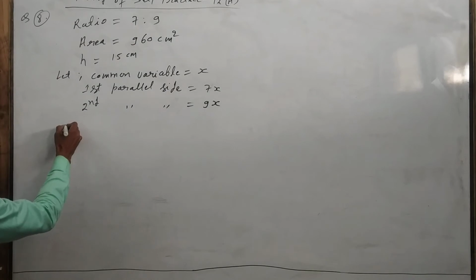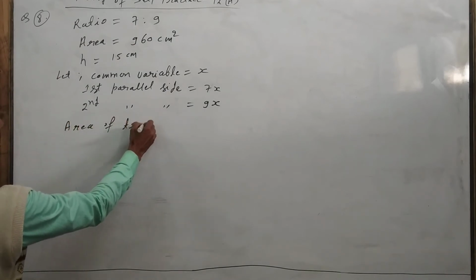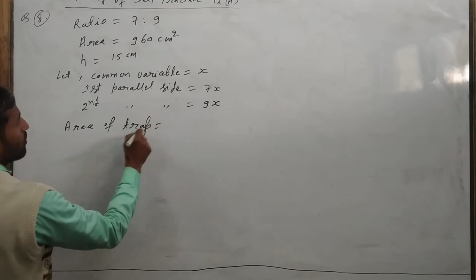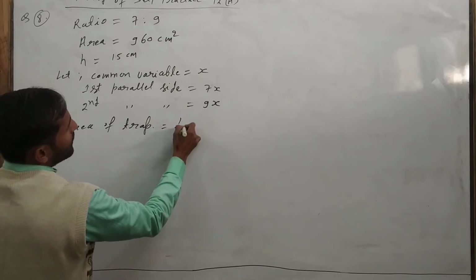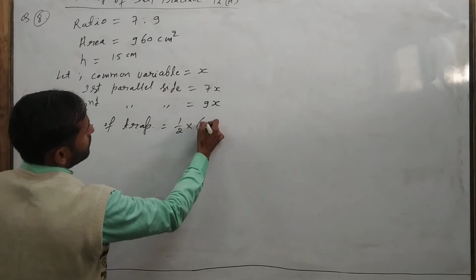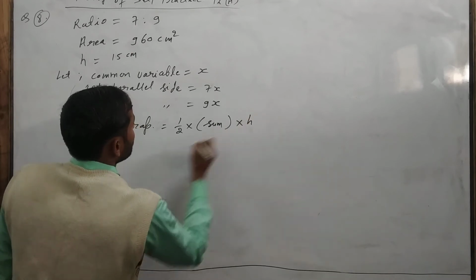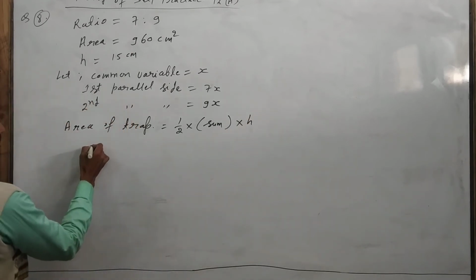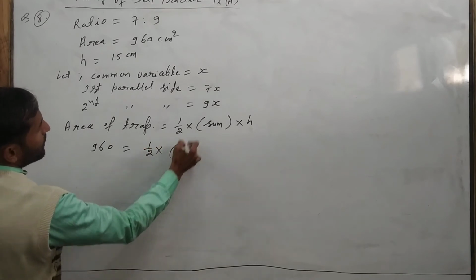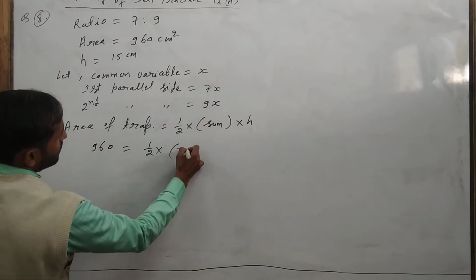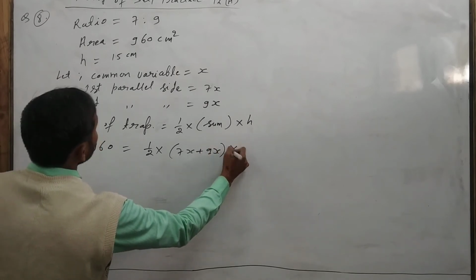Here we will use the area of a trapezium, the shortcut trap, is equal to half into sum of parallel sides into height. So area is given 960. 960 is equal to half into the sum of parallel sides, 7x plus 9x, and height is also given, into 15.